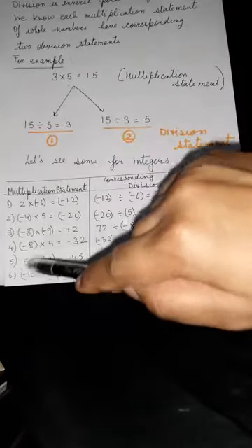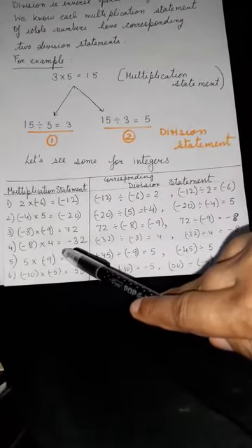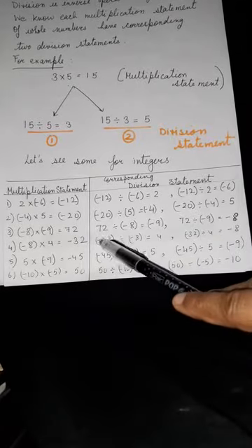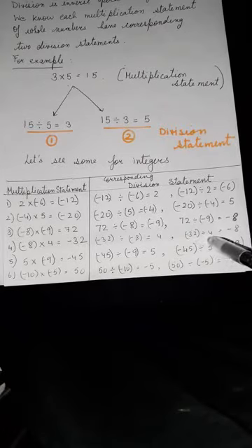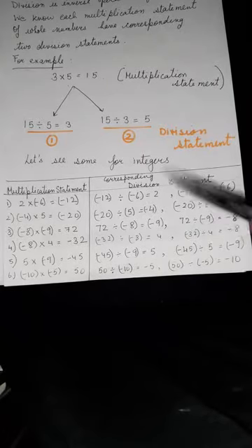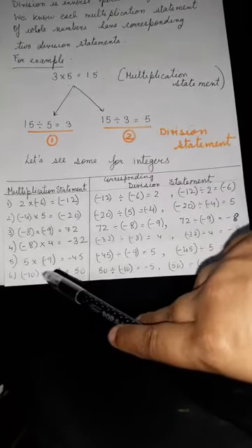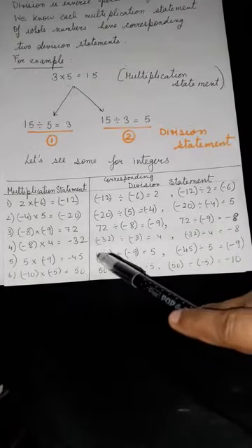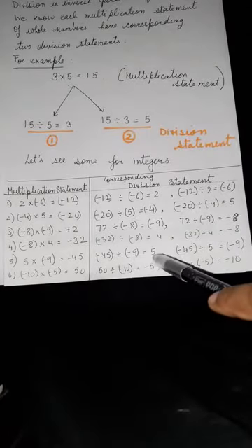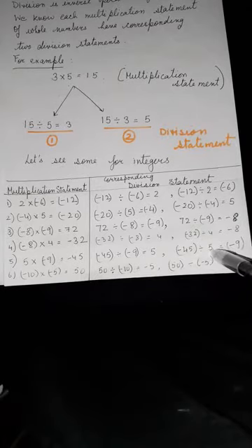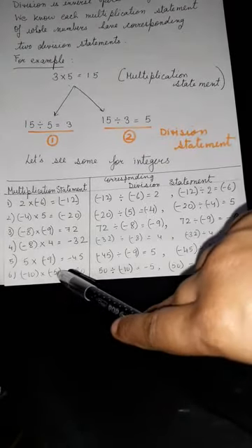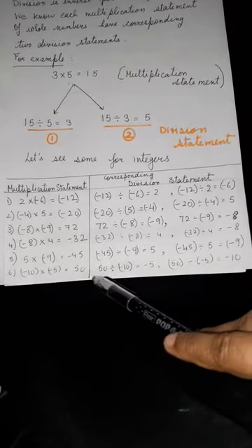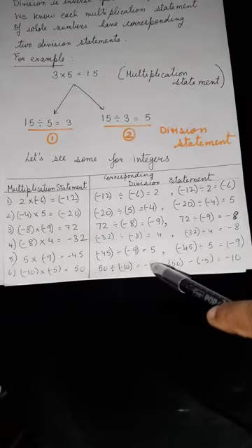Next one is minus 8 times 4, which is equal to minus 32. So minus 32 divided by minus 8 is equal to 4, and minus 32 divided by 4 is equal to minus 8. 5 times minus 9 is equal to minus 45. Minus 45 divided by minus 9 is equal to 5. Minus 45 divided by 5 is equal to minus 9. Minus 10 multiplied by minus 5 is equal to 50. 50 divided by minus 10 is equal to minus 5.